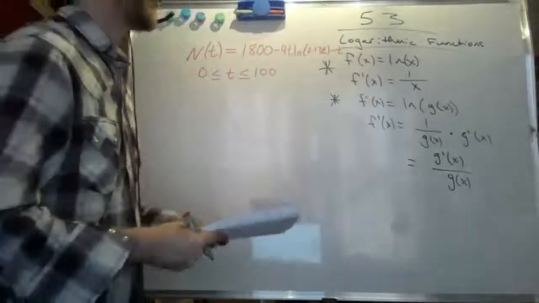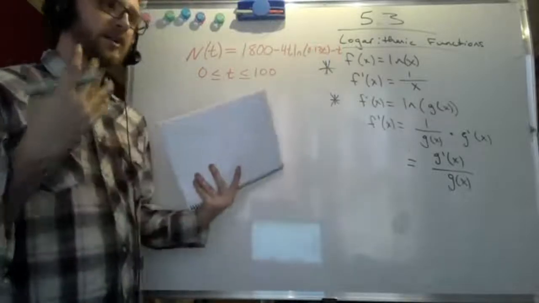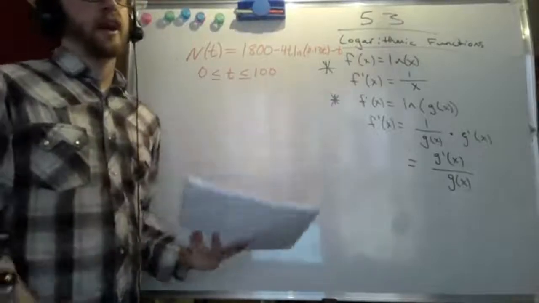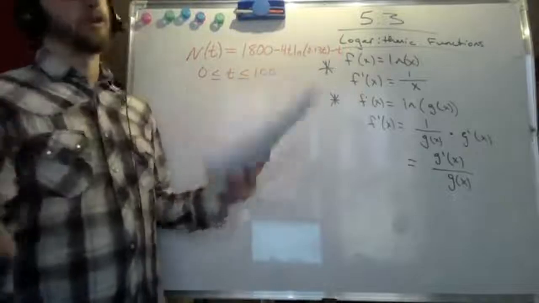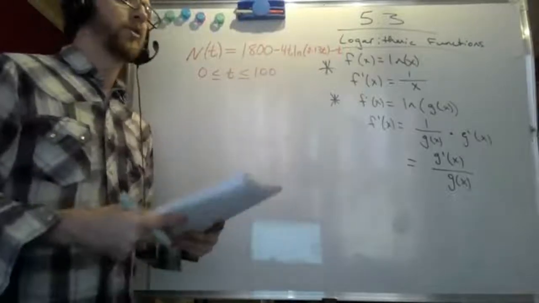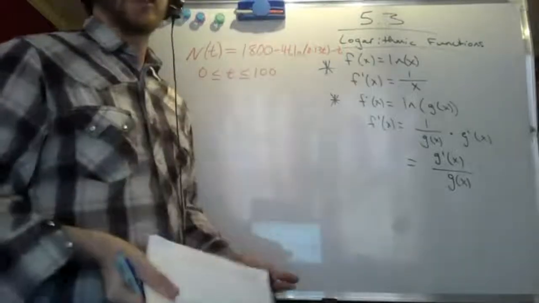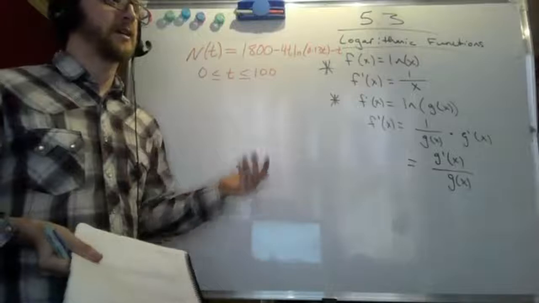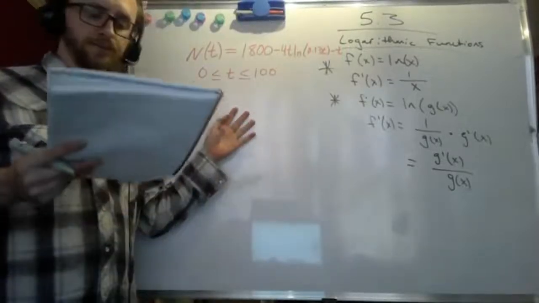So this could be important if you're trying to determine, okay, I've just sprayed my crops, but how much damage am I going to take before they actually die? In order to know that, you're going to have to know how many aphids survive, or how long they survive, and you're also going to want to know how large the population gets. What is the worst case scenario? How many aphids will there be at their maximum peak before they start to die off? So that's the point of this question here.